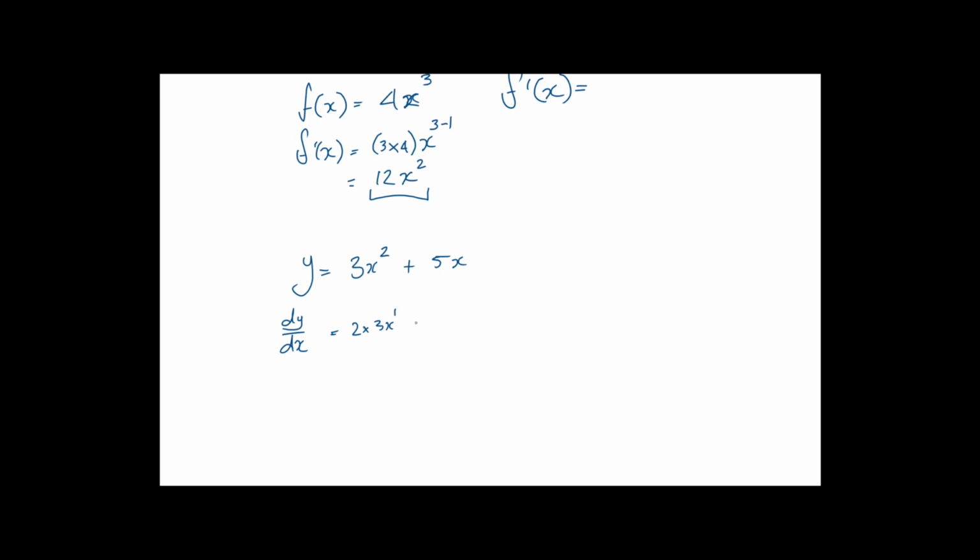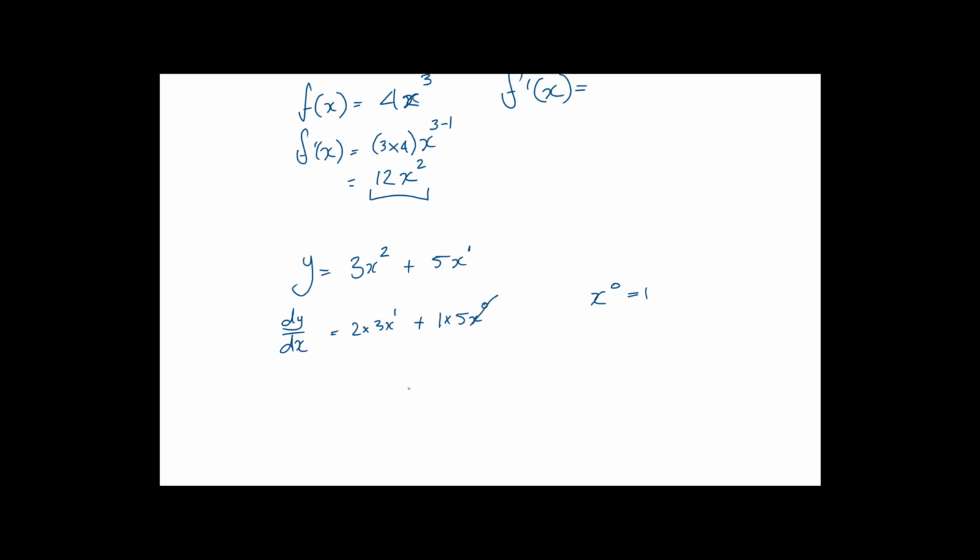Now, what's going to happen when we have the 5x? Well, what number is up here to start with? It's a 1 up there to start with. So it's going to be 1 times 5x, and 1 minus 1 is 0. Now, x to the power of 0 is 1.